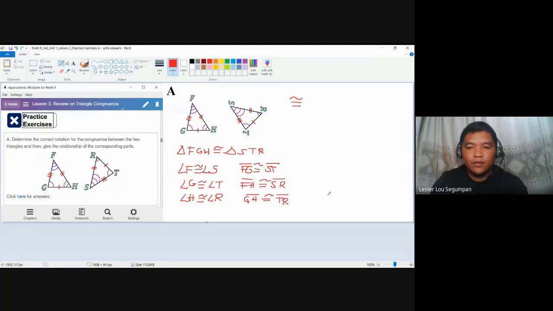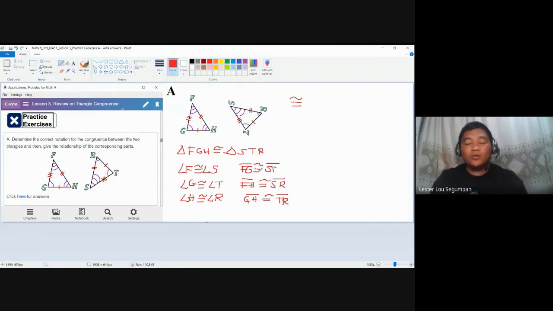The reason why I included this as part of the review, the determining of the corresponding parts, aside from helping us later on with triangle similarity and congruence, is that you need to learn how to use the notations properly. Take note that if we talk about parts like angle F, angle G, angle H, S, T, R, and even the sides FG, FH, GH, ST, SR, and TR, we use the term congruence.